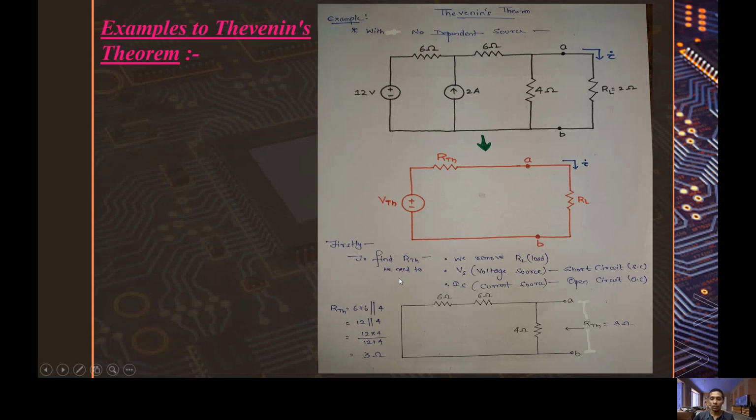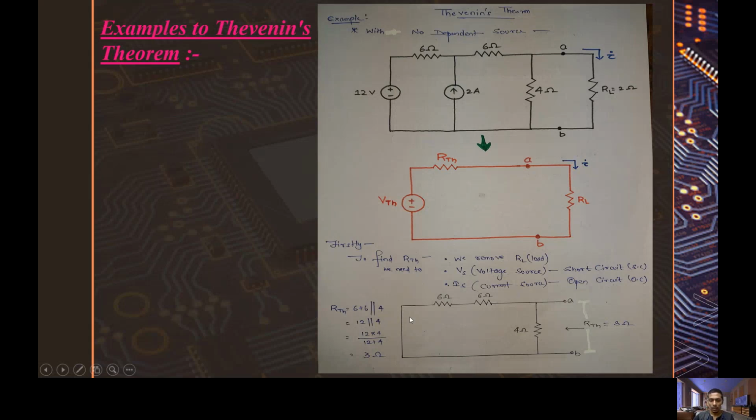And for R Thevenin, firstly, we have to remove the load resistance, which is this given 2 ohm. Voltage source should be short circuited and the current source should be open circuited. After doing all these steps, the circuit diagram will look as follows.